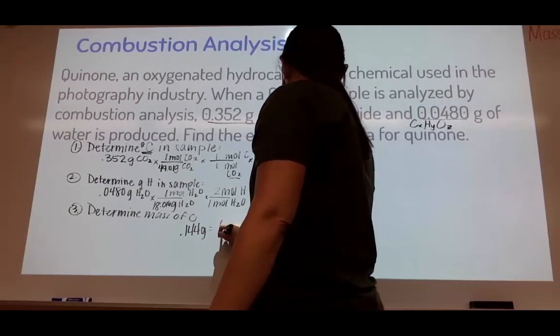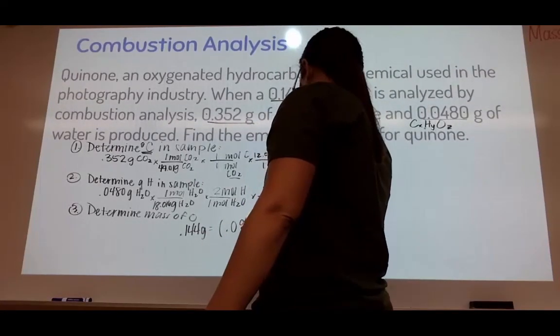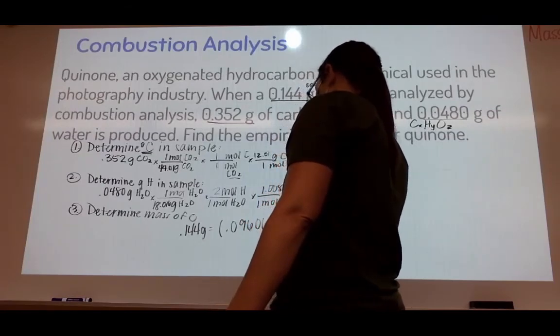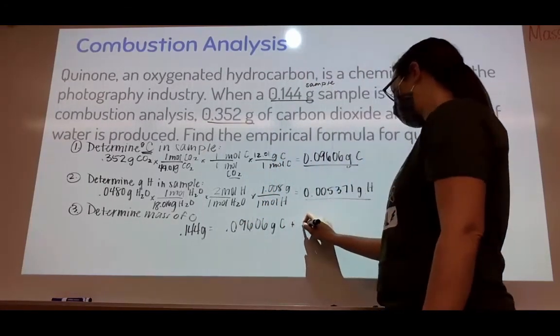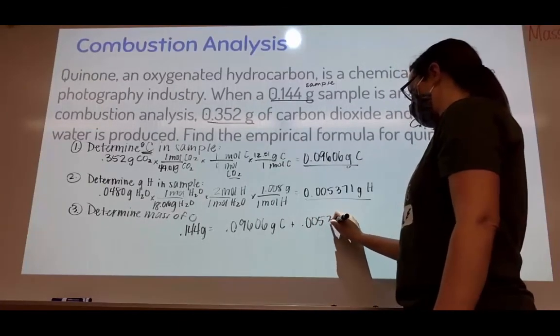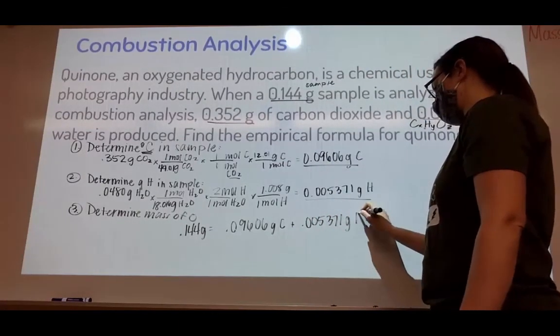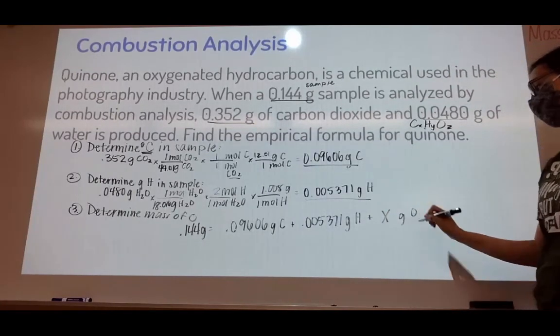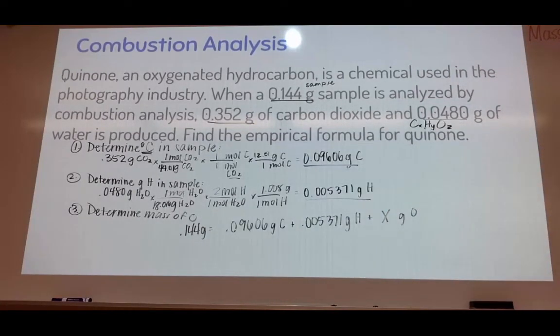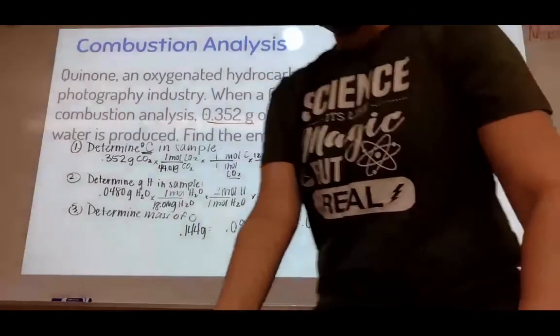So C, 0.09606, plus H, plus, I'm just going to do X grams of O. It's a lot more simple than trying to stoich everything.